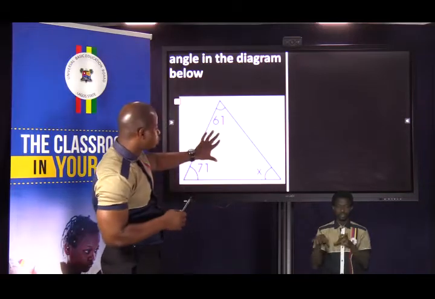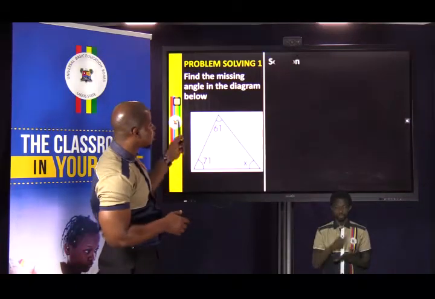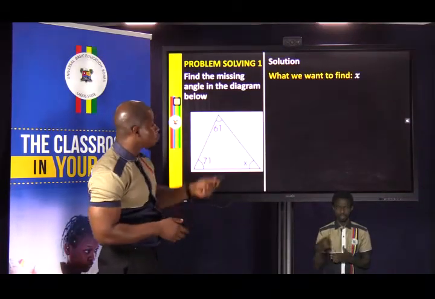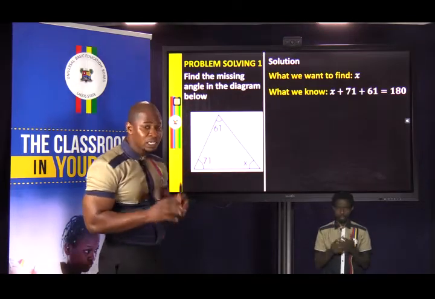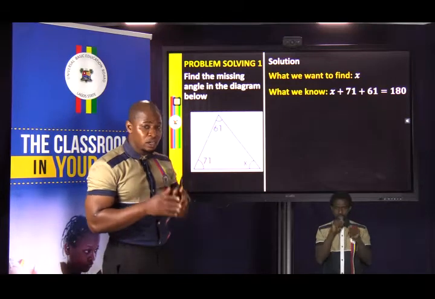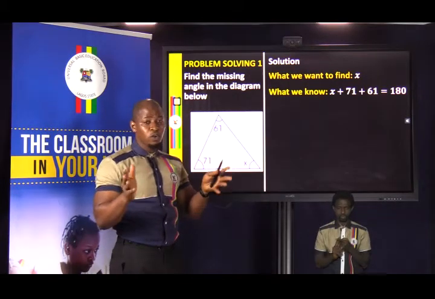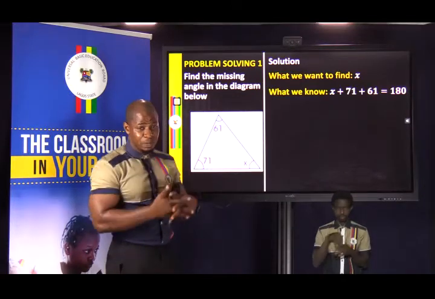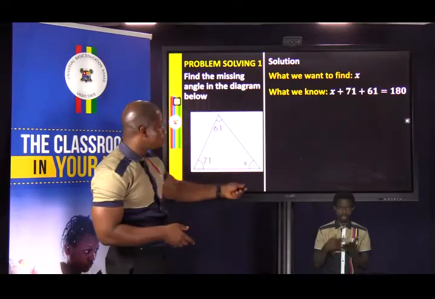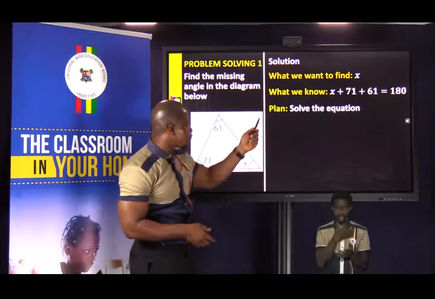Now, what do we know? We want to find this third angle, but what we know is that all the three angles inside a triangle will add up to what? Of course, that will add up to 180 degrees, as we have discovered in the previous slide. So that is exactly what we know, and what we want to find is x.